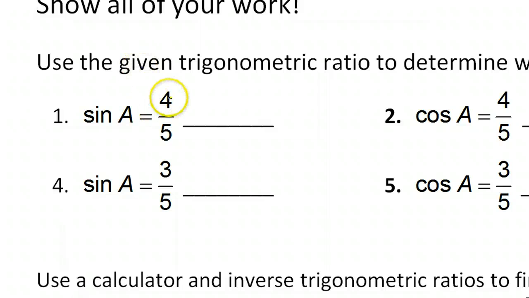So that means from the perspective of angle A, 4 has got to be the opposite leg, and 5 has to be the hypotenuse.